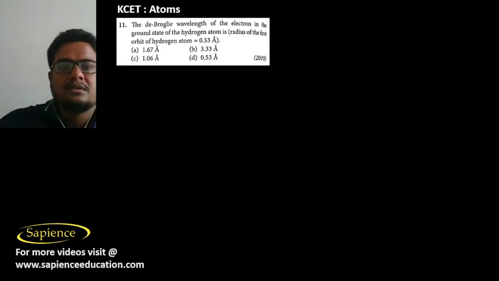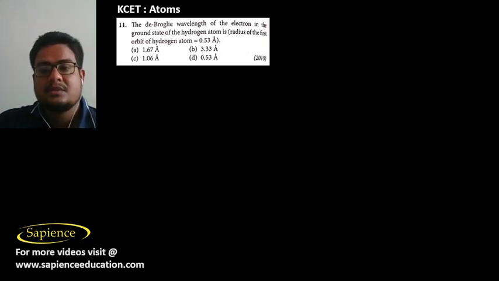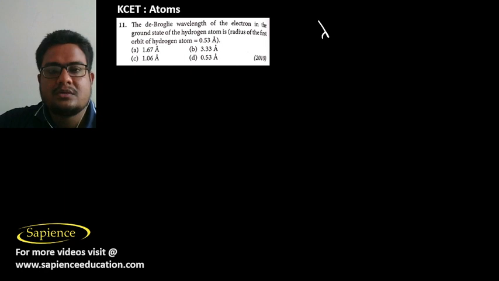Then in question number 11, it is told the de Broglie wavelength of the electron in the ground state of the hydrogen atom. The radius of the first orbit of the hydrogen atom is 0.53 angstrom. The de Broglie wavelength is equal to h by mv.